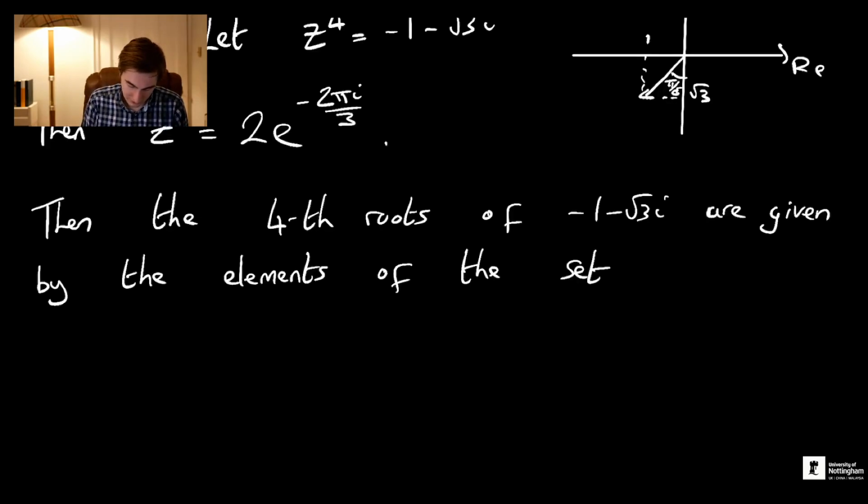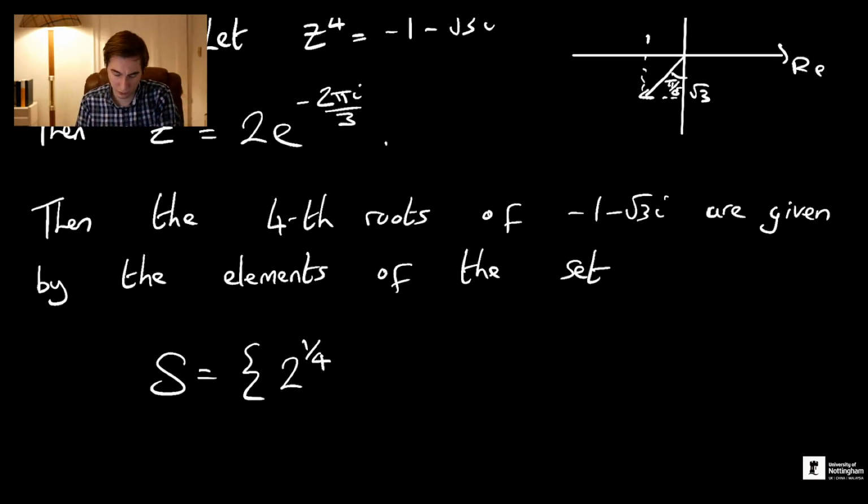So I basically take a circle that has now the radius of the nth root of 2, so it's going to be 2 to the power of a quarter, taking my circle to that radius, centered around the origin. And then I just want to equally space my roots around it, split by 2 pi over 4.